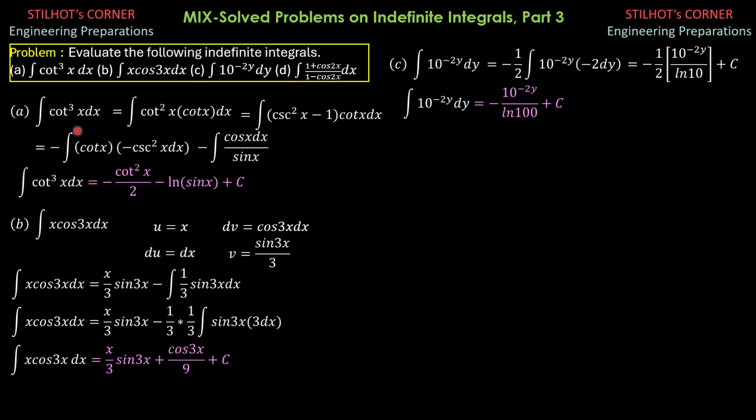So remember that the way of checking this answer is if the high-tech calculator is available or allowed, then you have to put limits. So for instance, integral of cotangent cube x dx limits from 0.1 to 0.2.